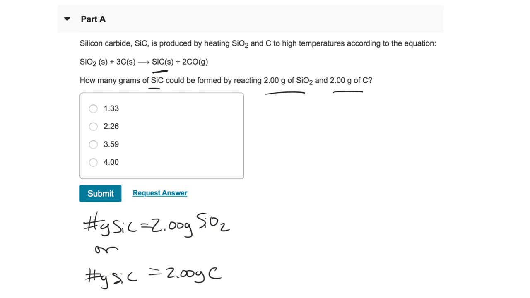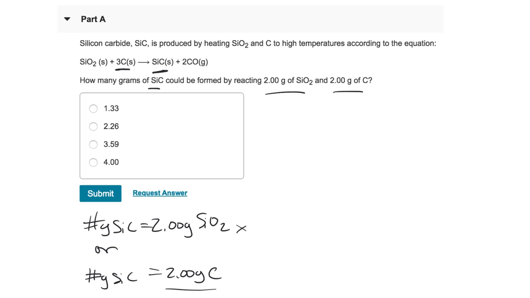When we do the first step, for the 2 grams of SiO2 to fully convert to silicon carbide, I'm going to need the proper amount of carbon present. I don't know if I'll have the right amount, but I'll see by running through the calculation with carbon how much product I can get by reacting all the carbon, and how much product I can get if I react all the SiO2, and we're going to see which one makes less.